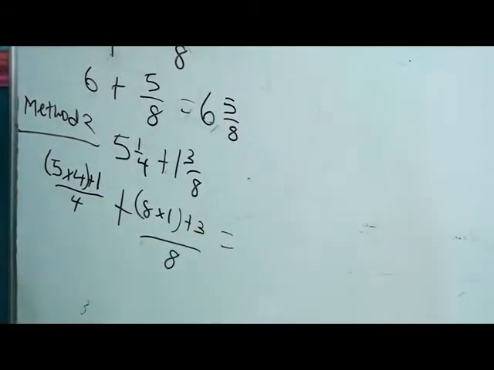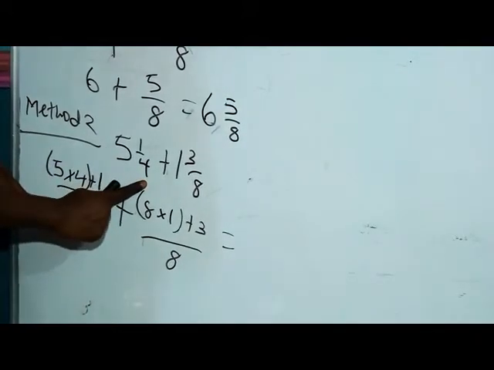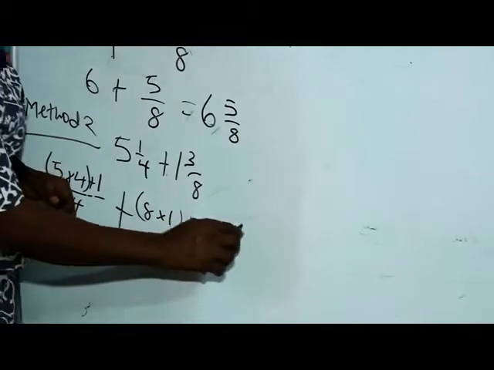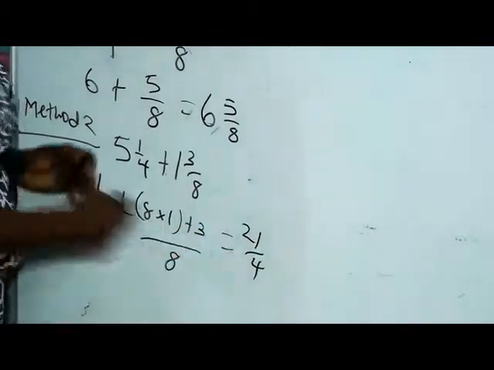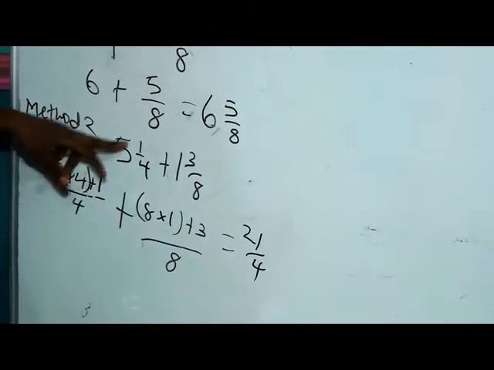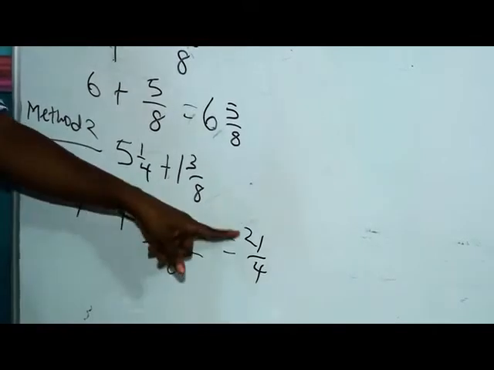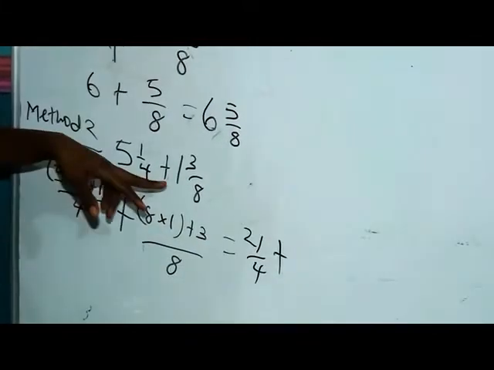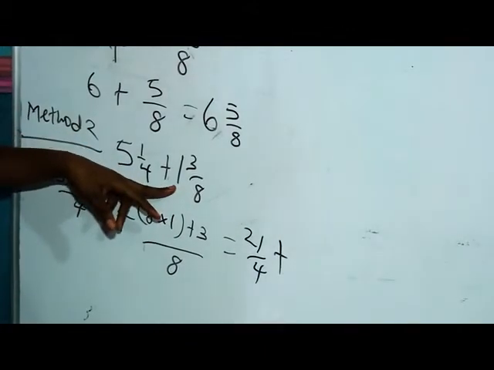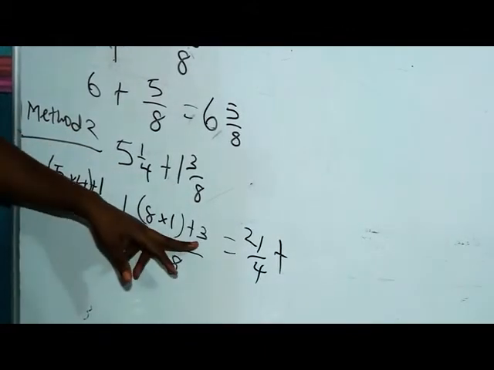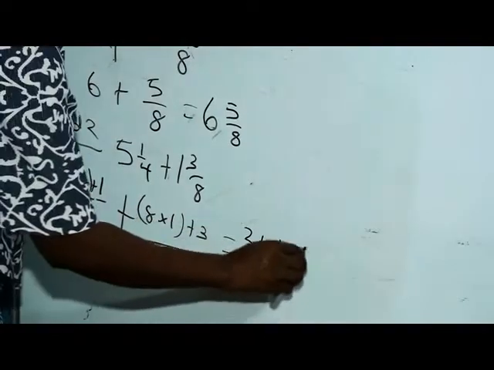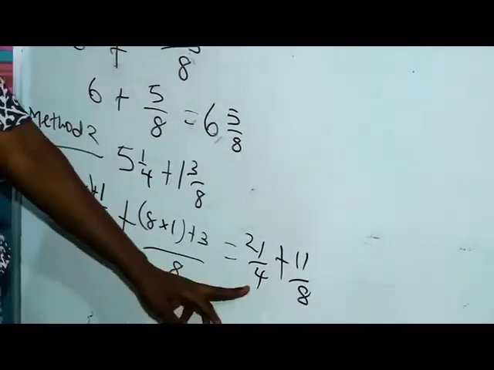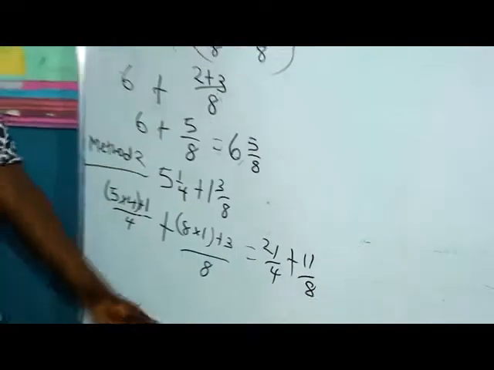This gives me 5 times 4, 20, plus 1, 21, so I have 21 over 4. That means 5 whole number 1 over 4 is the same as 21 over 4, plus 8 times 1, 8, plus 3, 11, so 11 over 8. I have 21 over 4 plus 11 over 8.